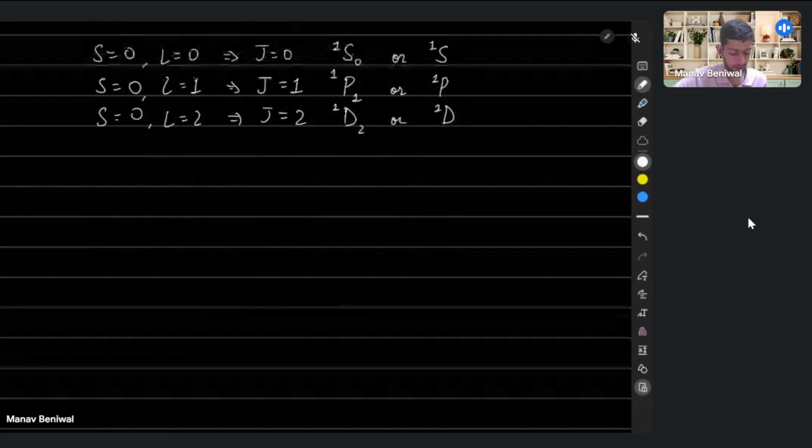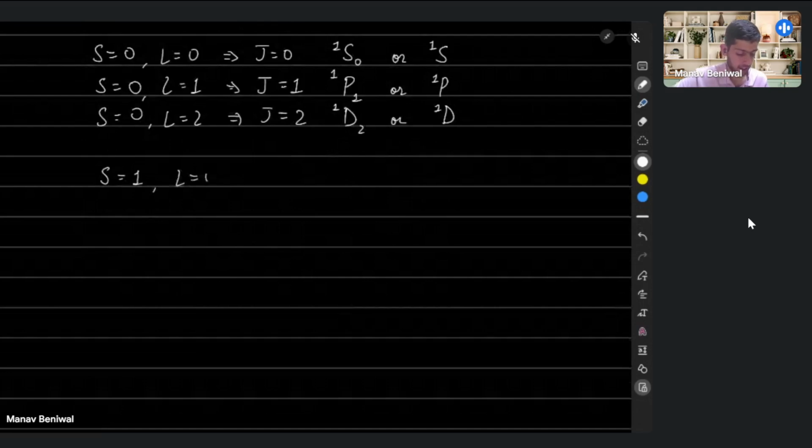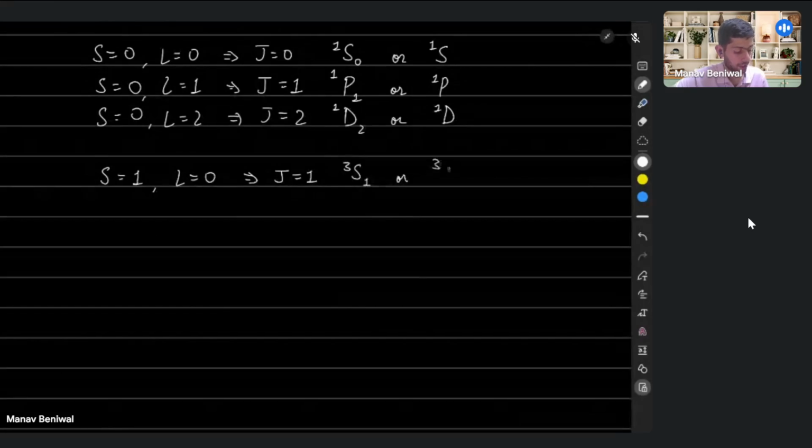Now when S is 1 and L is 0, our J is 1. So this becomes 3S1, or simply 3S. Now when S is 1 and L is 1, our J can be 0, 1, 2.